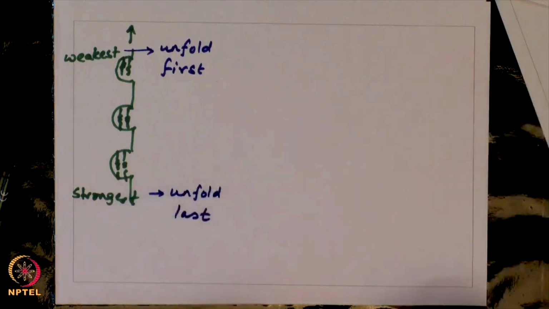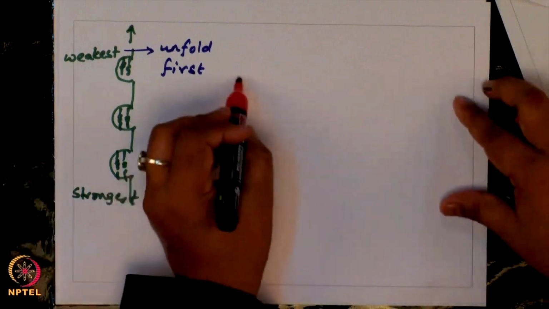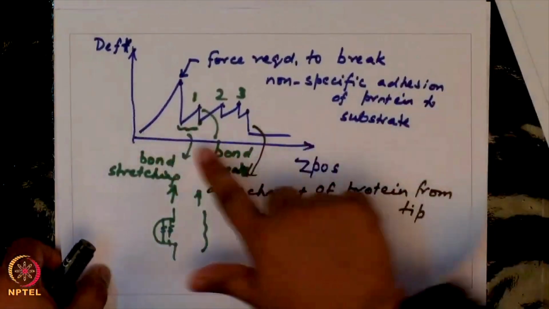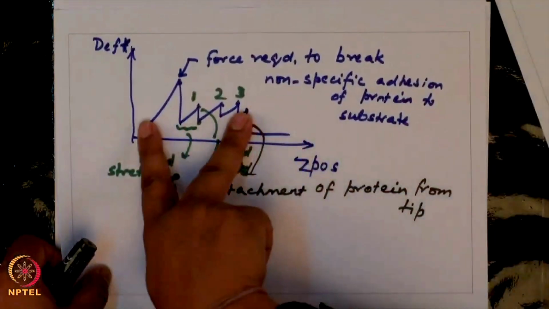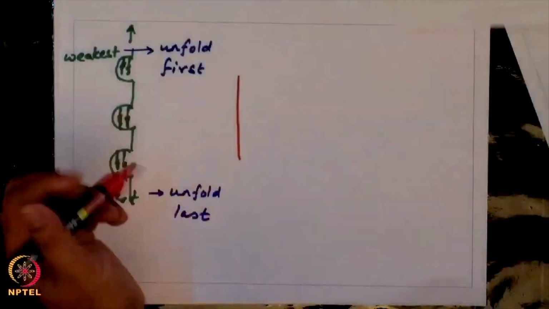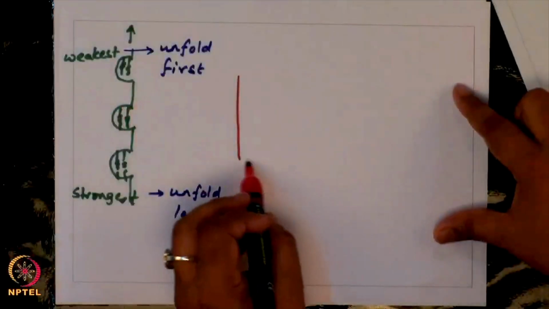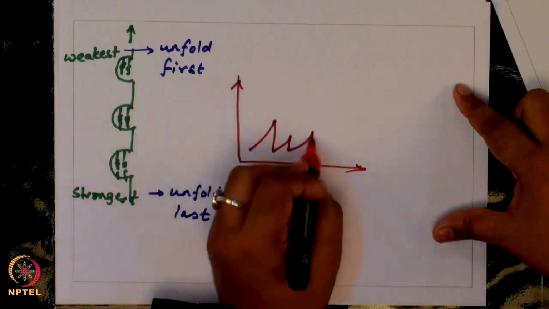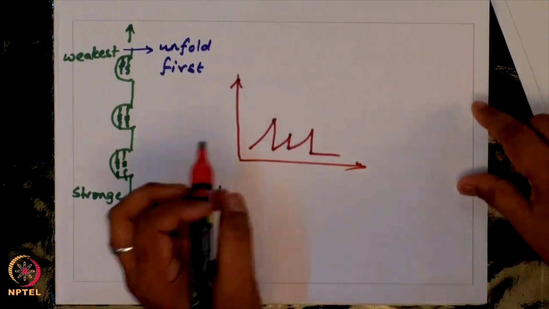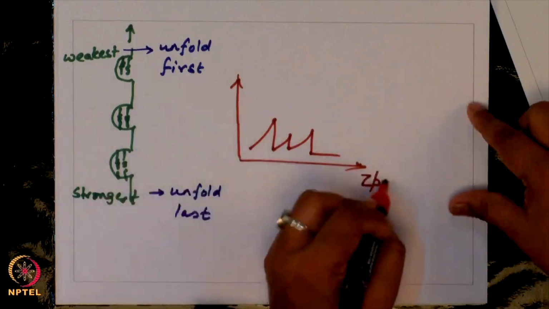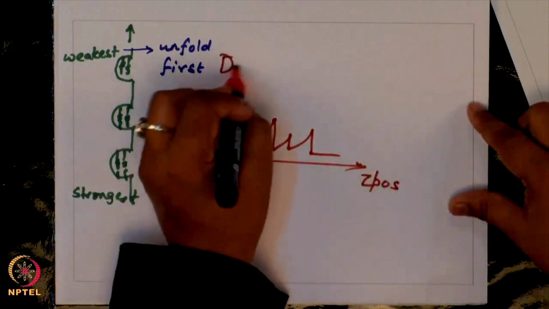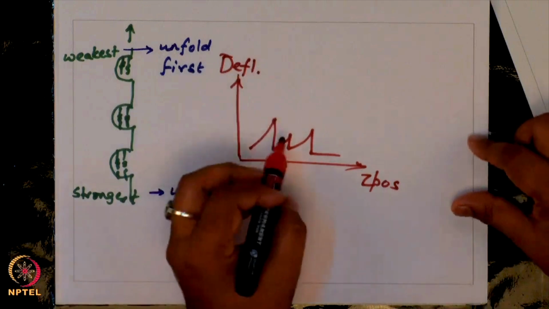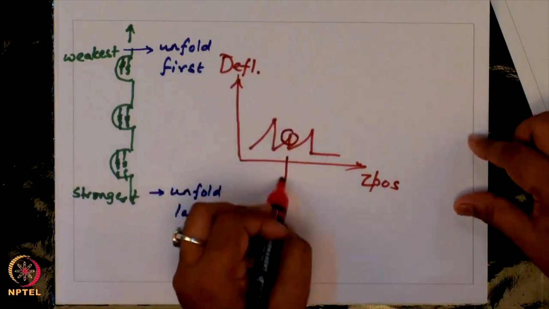Okay. So, I mentioned that in the force curve that I drew here, you have a signature where there are 3 plus 2 peaks. But for a protein of 3 domains, you might have a situation like this. Okay. So, what you see is you are only seeing one data peak.